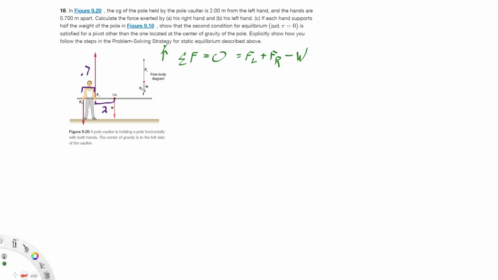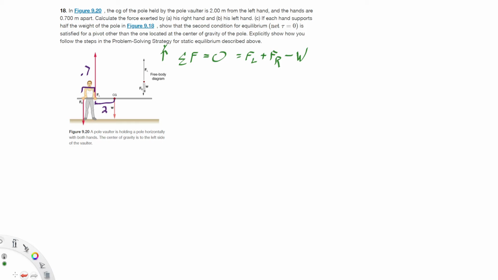Does that make sense? So if an object is not moving and it's steadily not moving, like not accelerating, then that must mean that the sum of forces is 0.